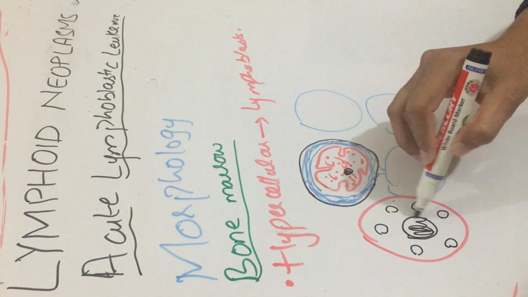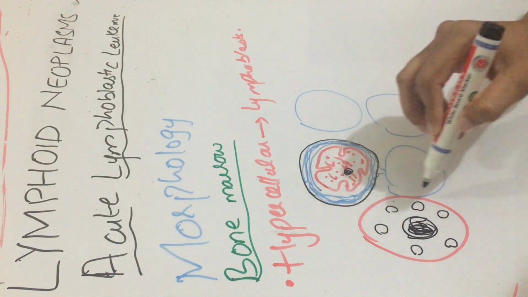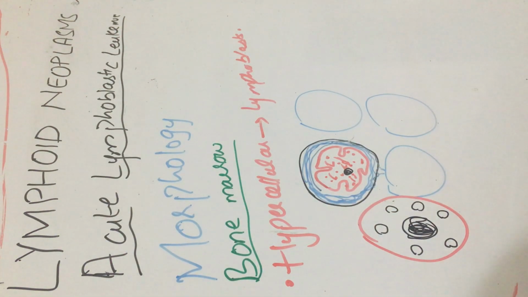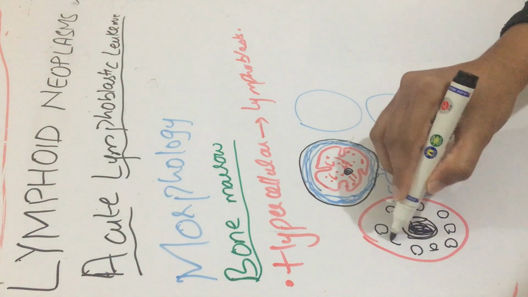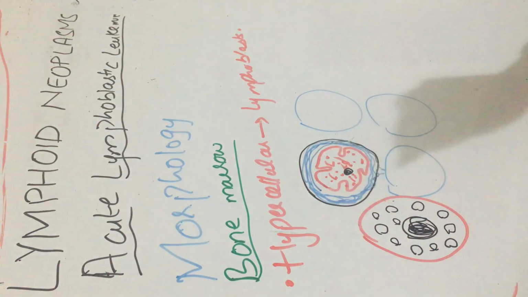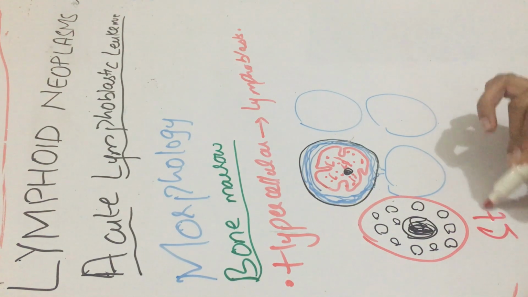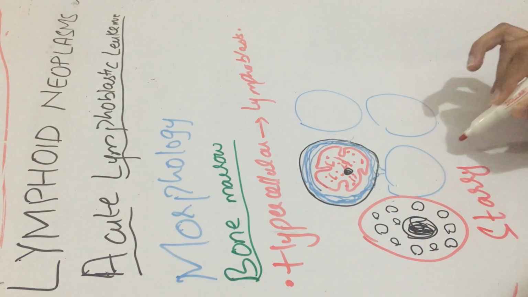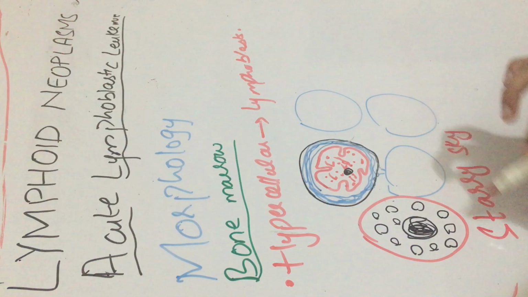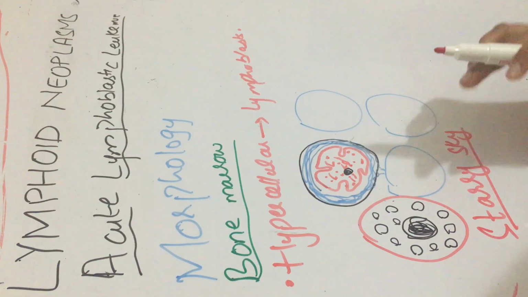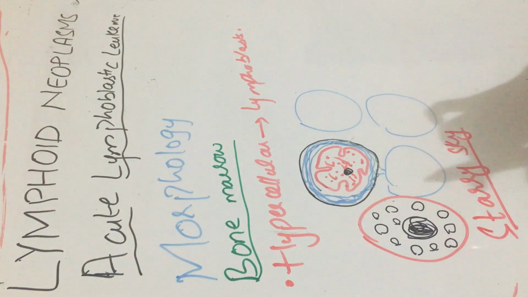This is the nucleus of the macrophage, and these are the apoptotic tumor cells, and it gives a starry sky appearance. What is this appearance? Starry sky. Just as multiple stars are present in the sky, the macrophage looks like that.